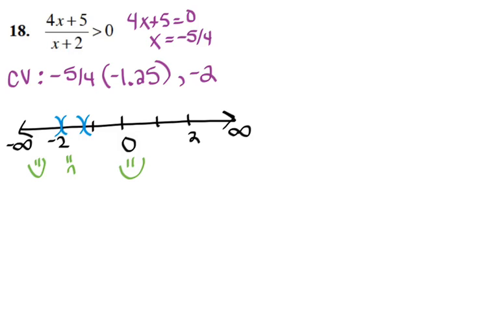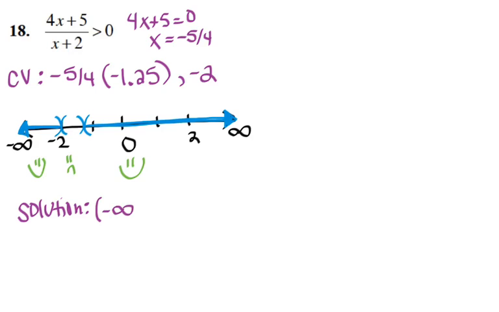So for your graph, you just shade the intervals that work. So that's this part and this part. So I have my graph, and then the last part is to actually list out your solution as an interval. So I have 2 intervals.